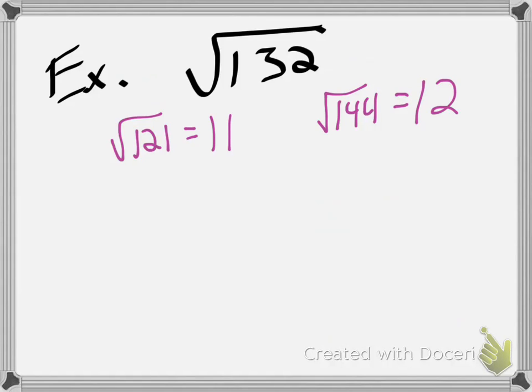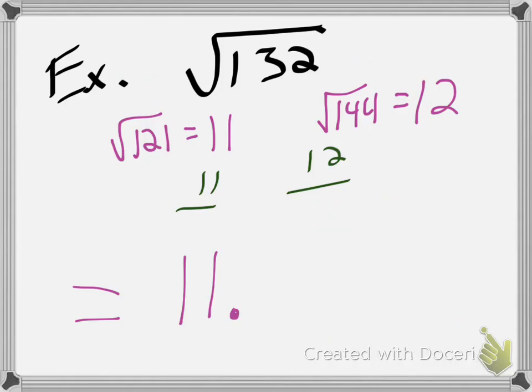So I know that 132 is somewhere between 121 and 144, so my answer is going to be 11 point something. We have to figure it out, so let's figure out the differences. 132 is 11 away from 121. 132 is 12 away from 144.